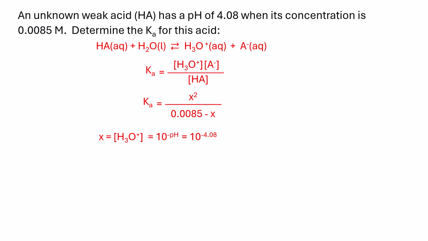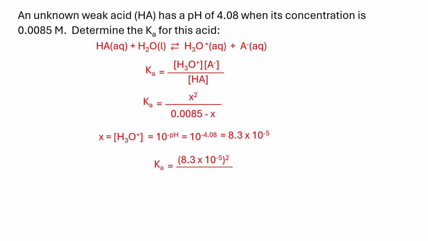So if I take 10 to the negative 4.08, I get a value of 8.3 times 10 to the negative 5 for my molarity of hydronium. And then, since I already set up and I already know that Ka is equal to X squared over 0.0085 minus X, I can just plug in what I know now.